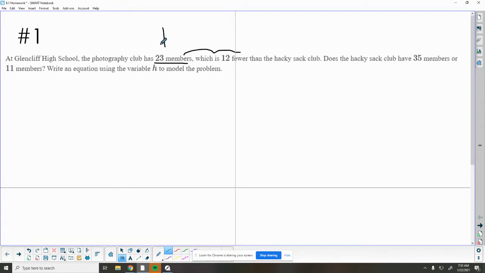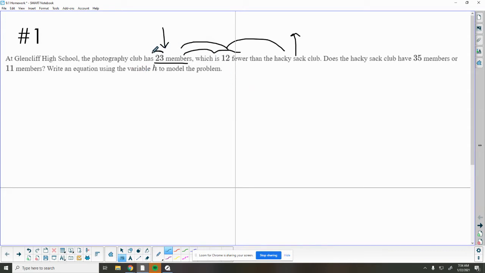So the photography club has less members than the Hacky Sack Club. The Hacky Sack Club has 12 more members. The photography club has 12 fewer members. So does the Hacky Sack Club have 35 or 11 members? Write an equation using the variable h to model the problem.